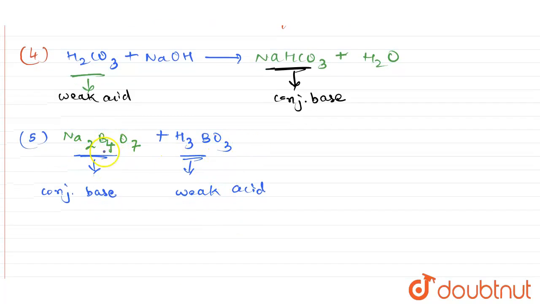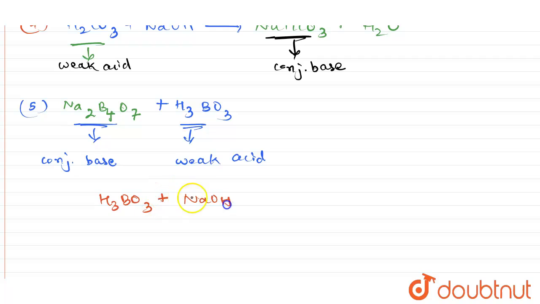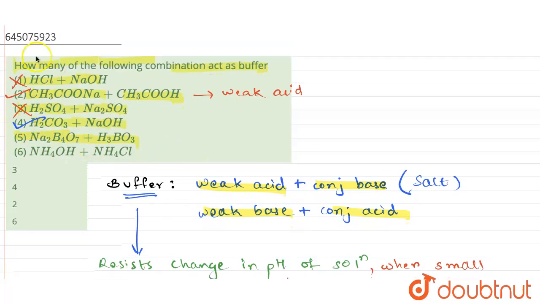Na2B4O7 can be prepared from H3BO3 by the reaction of 4H3BO3 plus 2 moles of NaOH, which forms Na2B4O7 plus 7H2O. Henceforth we can say this is a conjugate base and it is a weak acid, so this can act as a buffer also. So the fifth option is also correct.